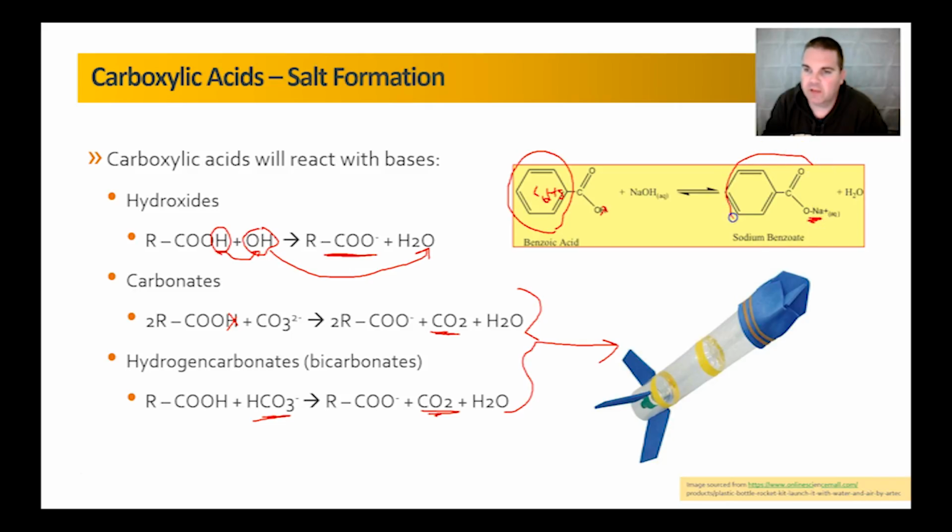Now this sodium carboxylate, this sodium benzoate, is water soluble, and the reason it can do that is because of something called ion dipole interactions. So the ion on the carboxylate, the COO minus, forms bonds with the dipole in water. You've got the delta plus in water and you get an ion dipole bond forming there.